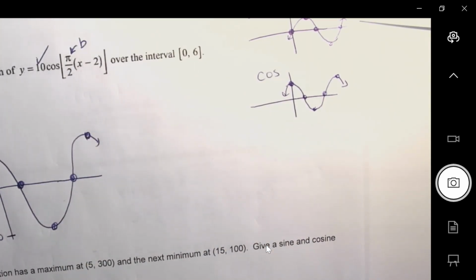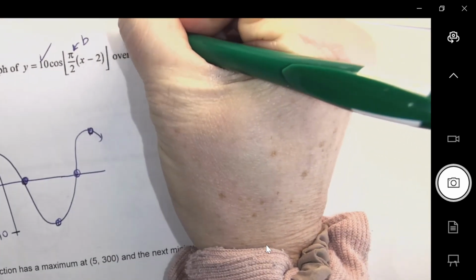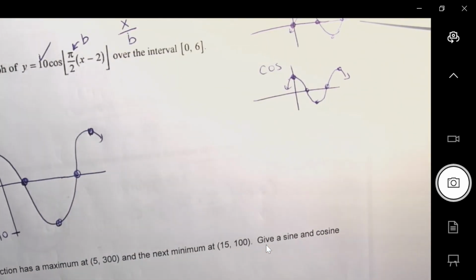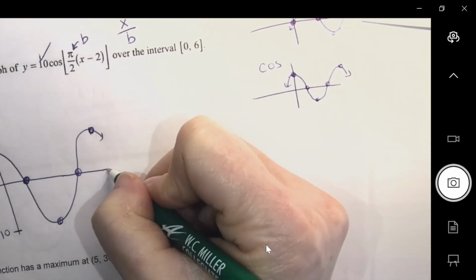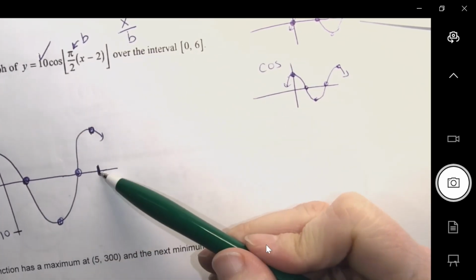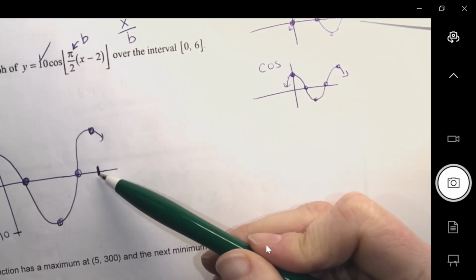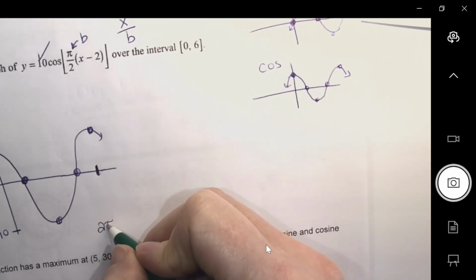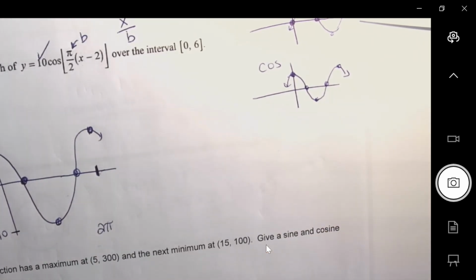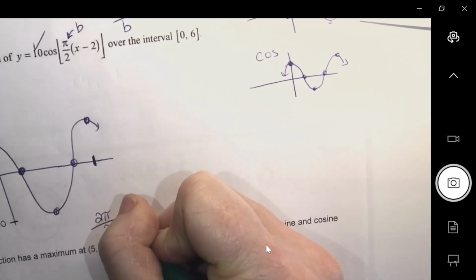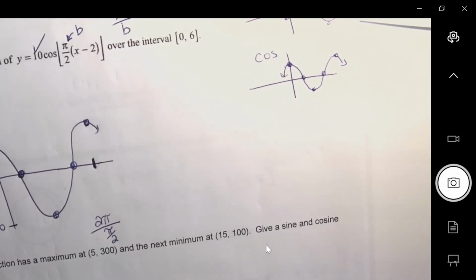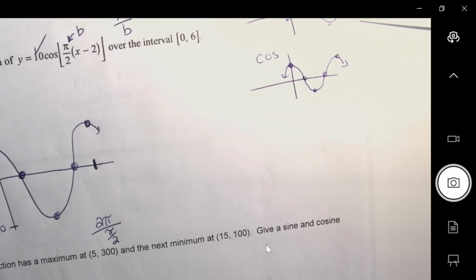Now I'm going to apply the B. What do we always do when we see a B? We always do x divided by b, right? This coordinate here originally has an x value of what? 2 pi. That's what it was. But now I'm going to divide it by pi over 2.